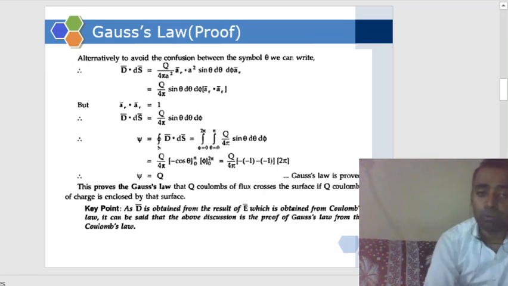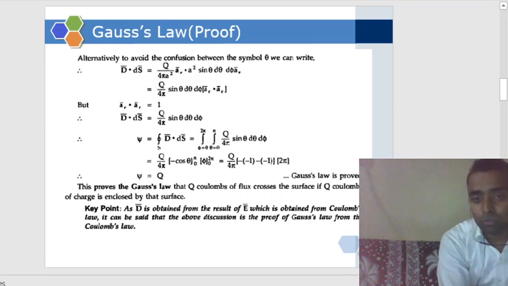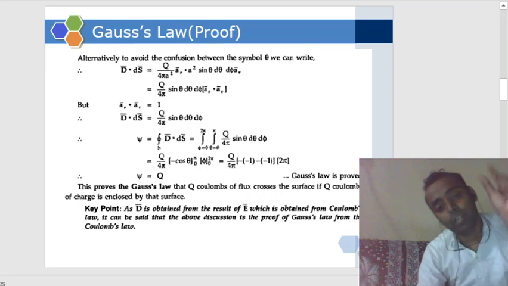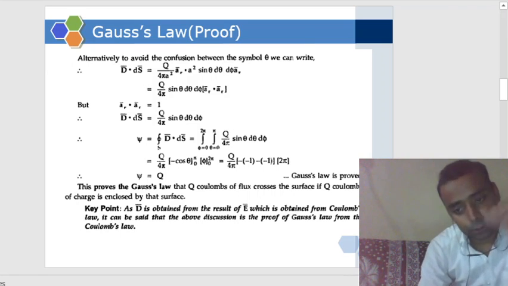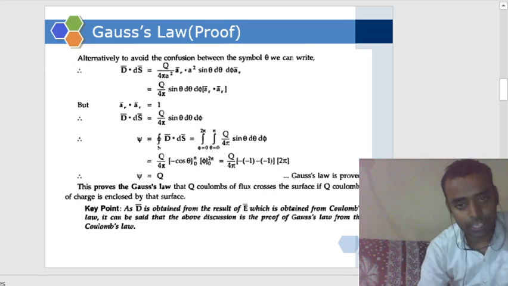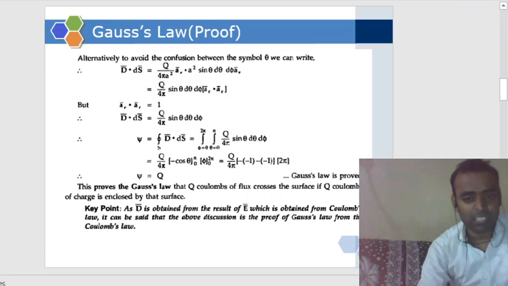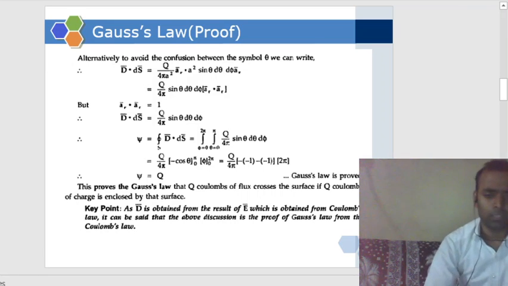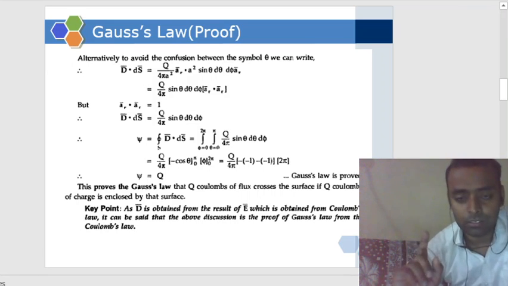So this proves Gauss law. You have to prepare this: state and prove Gauss law. What is Gauss law and its proof? They generally ask this question with probability 1, which means a 100% sure question.